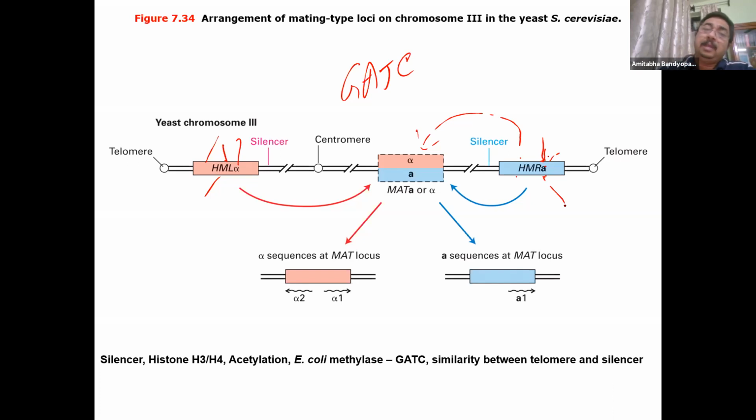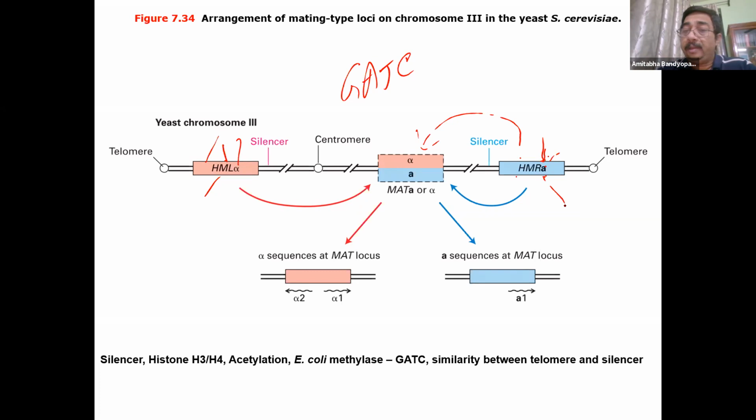Now, once the cassette is translocated into the central region in the MAT locus, if it is the alpha cassette that is translocated, then alpha 2 and alpha 1 will be transcribed and you will have the alpha mating type.